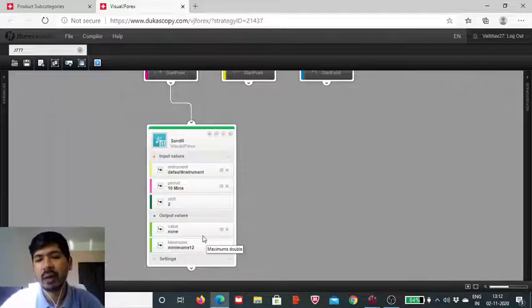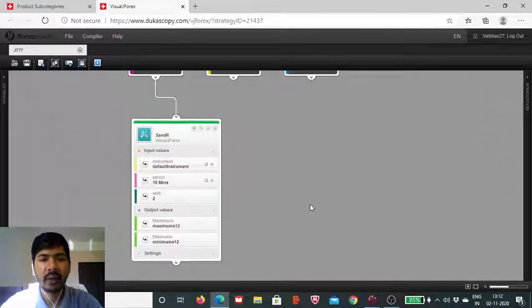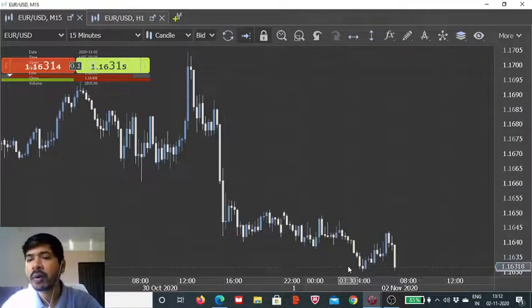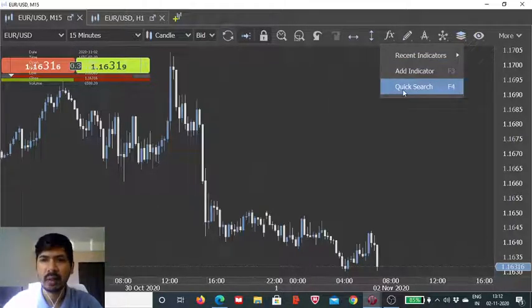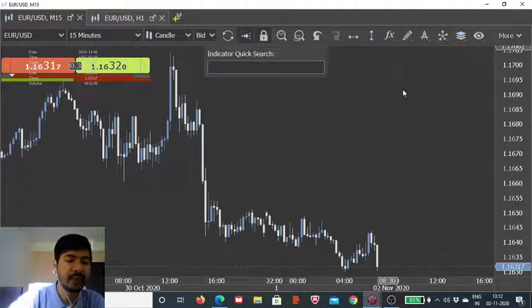You can consider the maximum value to be the resistance zone, whereas the minimum value generally acts as the support area. This indicator is also fairly easy to set up on the chart, and customizing it is also fairly easy.